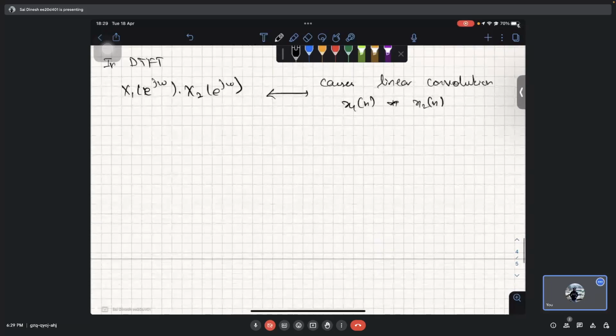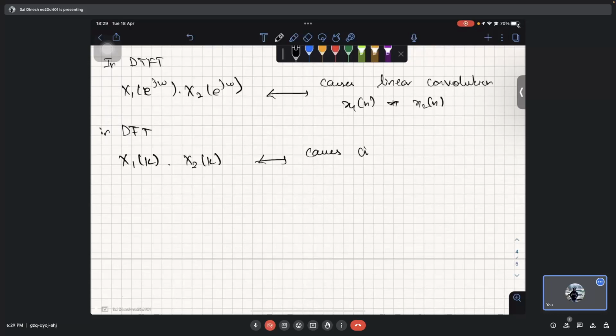But here in DFT, X1 of k times X2 of k causes circular convolution, which is x1 of n circularly convolved with x2 of n.